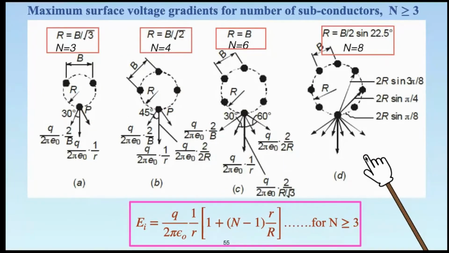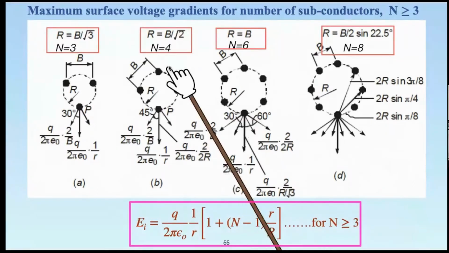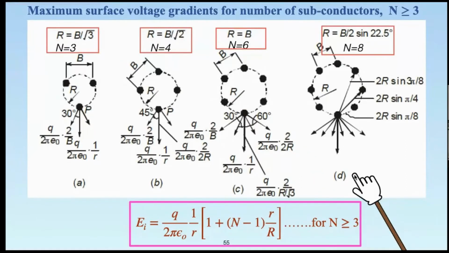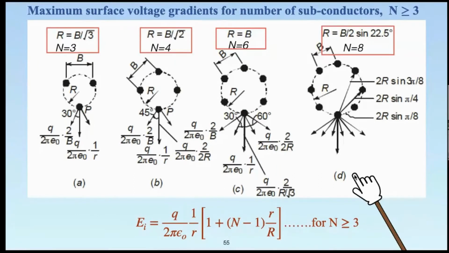Just to show you the sample equations, how things are calculated, we may consider a case of n equal to 4 and n equal to 6 in the next slide before we move over to one of the derivations. Okay, so I hope that you are able to understand this one.